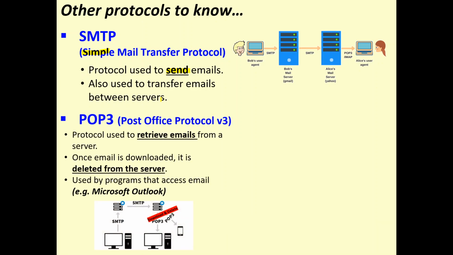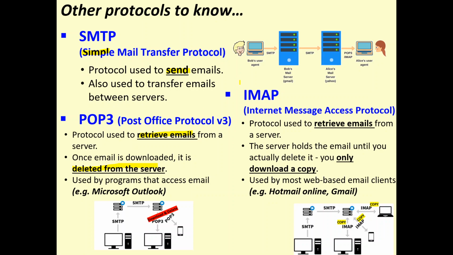Then we've got 2 protocols for receiving emails and downloading them. We've got the POP3 protocol, the Post Office Protocol, and that one retrieves emails. However, once the email is downloaded, it deletes the email from the server. So as soon as you download it, it deletes it from the server. The other one is the IMAP protocol, the Internet Message Access Protocol.